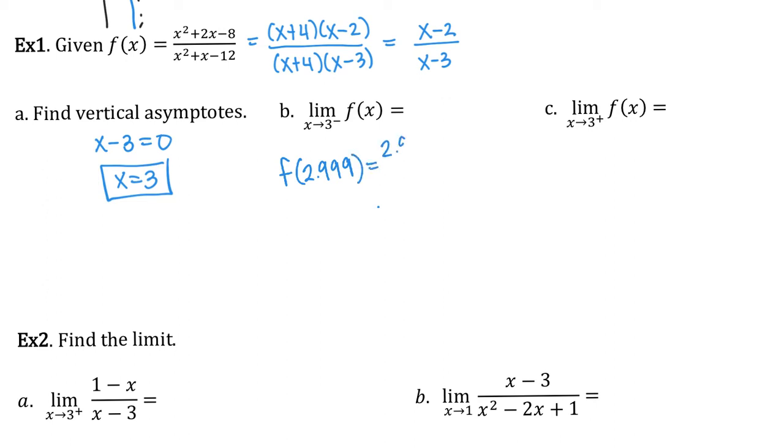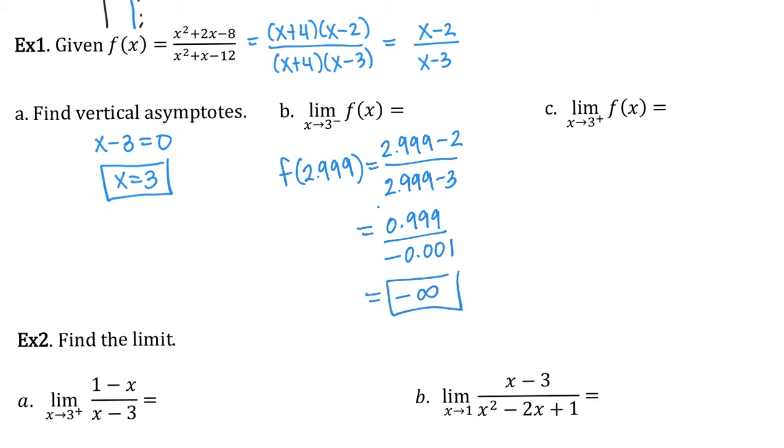Okay, if I do 2.999 minus 2 over 2.999 minus 3, what am I going to have? 0.999 divided by negative 0.001. Okay, so if I have some number divided by a negative 0, I'm going to end up with a negative infinity. So as x approaches 3 from the negative side of f of x, y is approaching negative infinity.